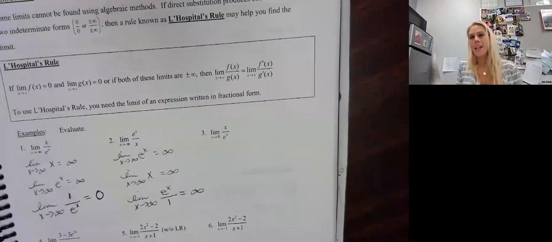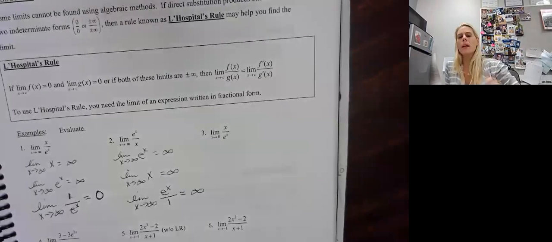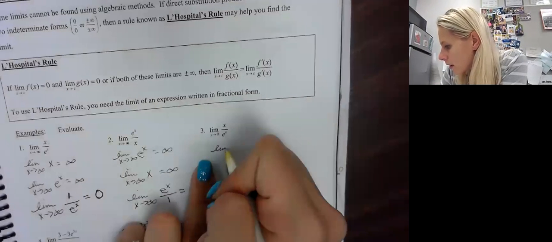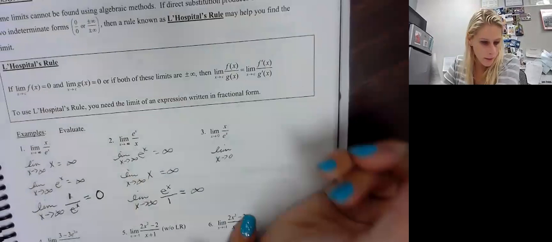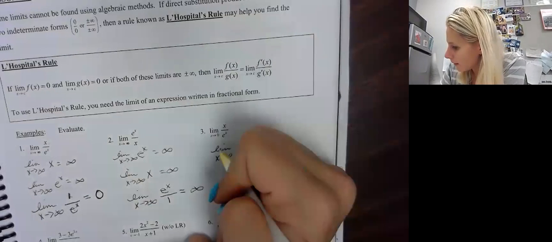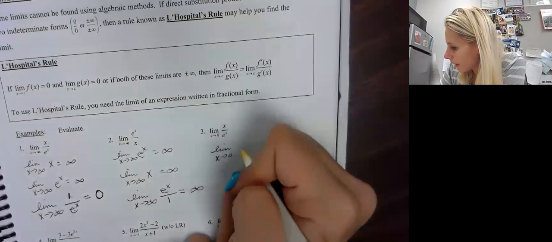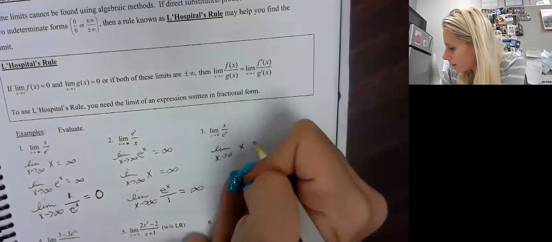Okay, what happens here? Well, again, I look at it, I'm like, I'm not going to be able to do any algebraic reduction here. So let me look what happens. Limit as x approaches 0 of x is 0.